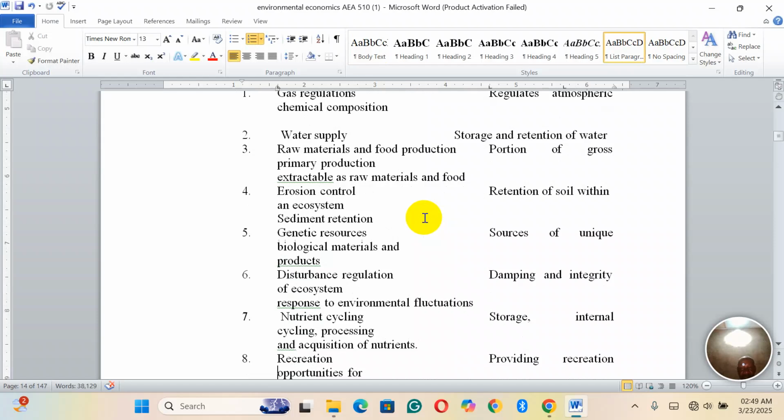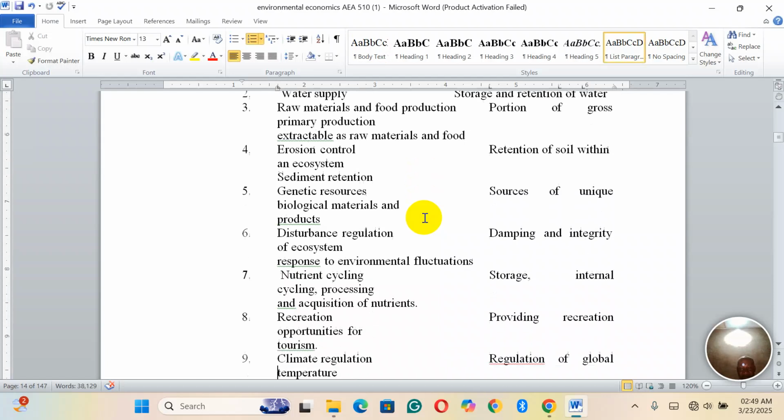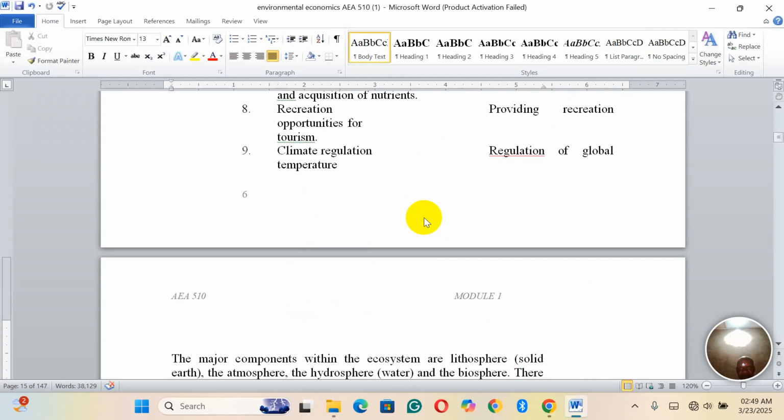Seven, the nutrient cycling, storage, internal cycling, processing and acquisition of nutrients. Then eight, recreation, providing recreation opportunity for tourism. Then nine, the climate regulation, regulation of the global temperature.